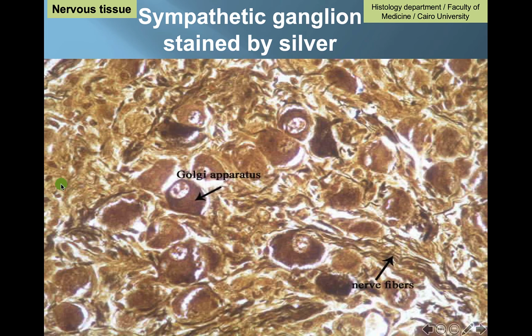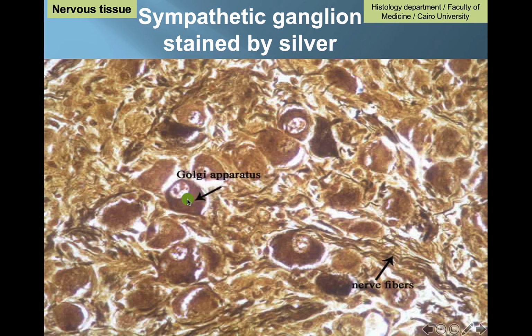Here we also have a section stained by silver. Why? Because it is brown. Now we have these nerve cells, and they appear to be scattered. Not only that, but we have some angulation, some sharp corners, meaning that they are what? Stellate in shape, multipolar stellate. Here we have this label.